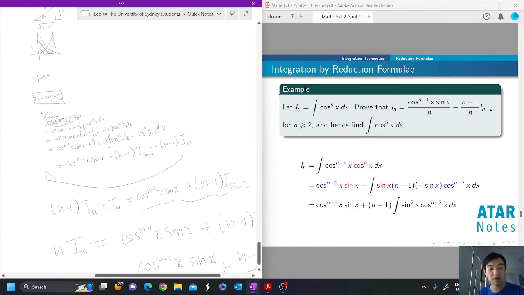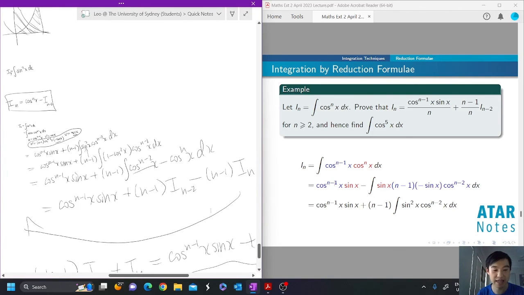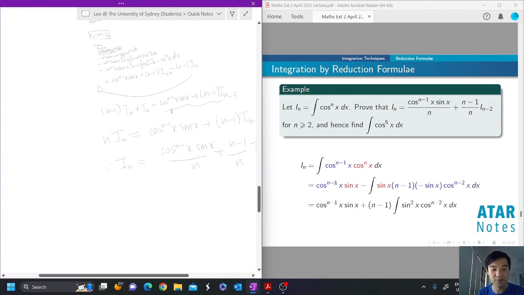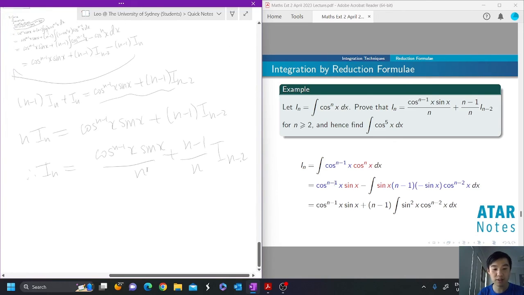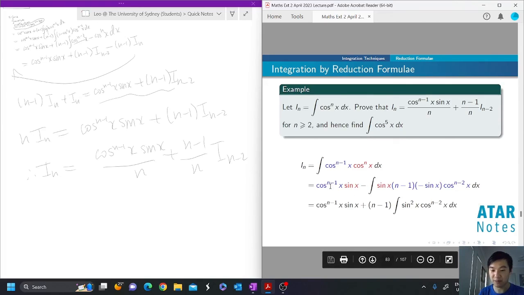So you can see how recursive it was, in terms of you got the original integral and you had to take it to the other side after we did integration by parts. But now that we've got this result, to find the integral of cos^5 x, this is the steps written. Just remember there was a typo here that was cos x.